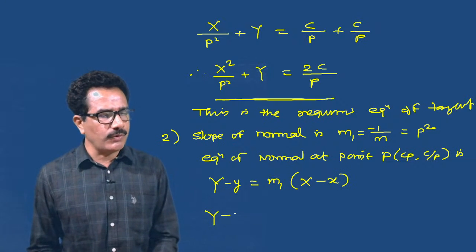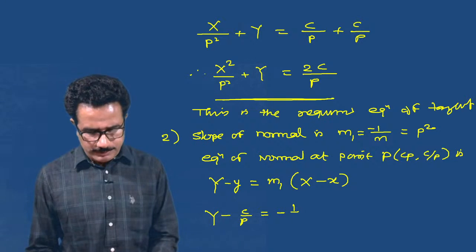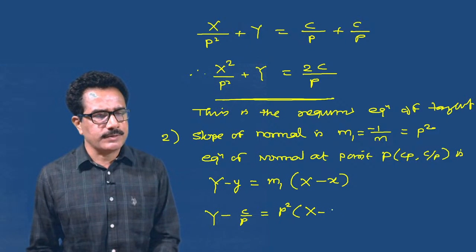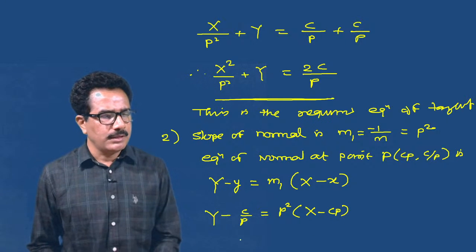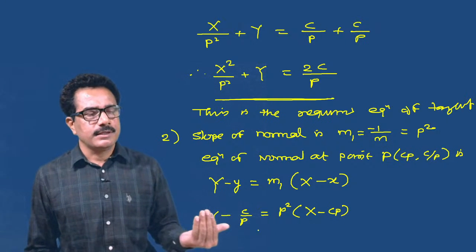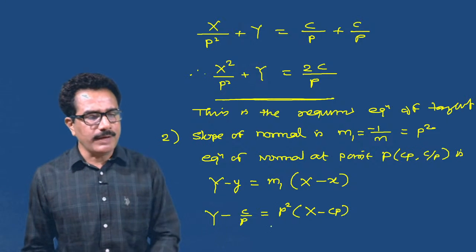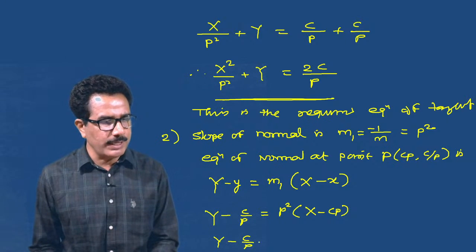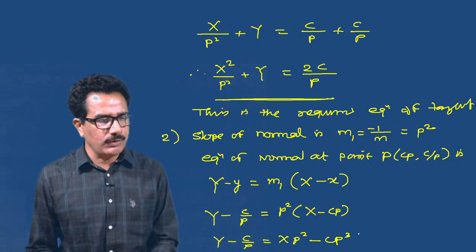Capital Y minus small y, what is its value? C divided by p, which is equal to m1, that is minus 1 upon m, which means p square, into x minus x, meaning cp. So you can calculate this and find the equation of a normal, that is y minus c divided by p, which is equal to xp square minus cp cube.